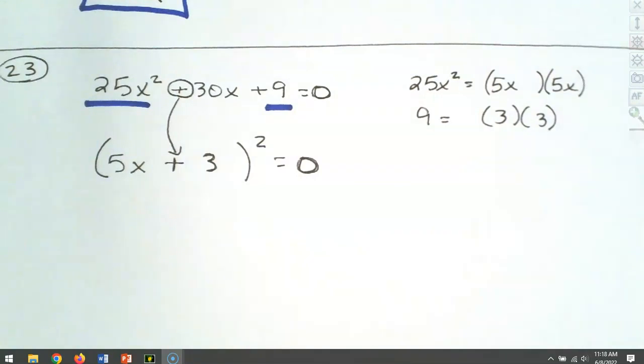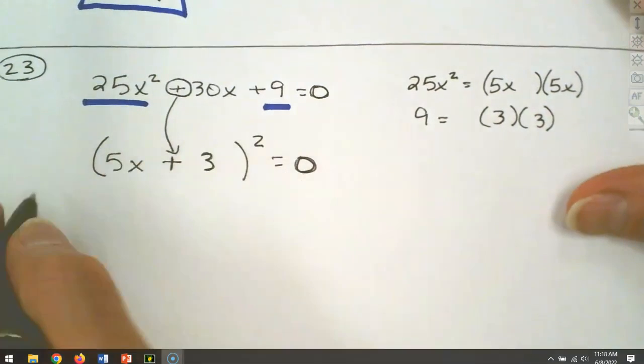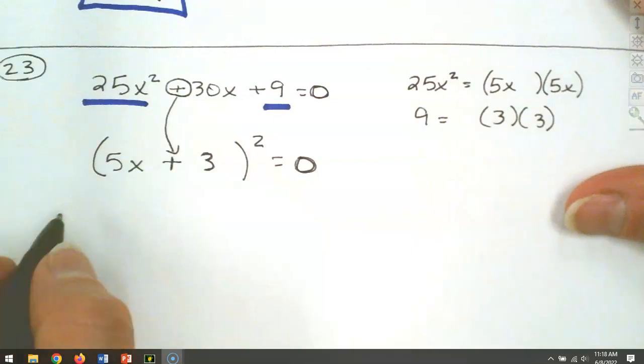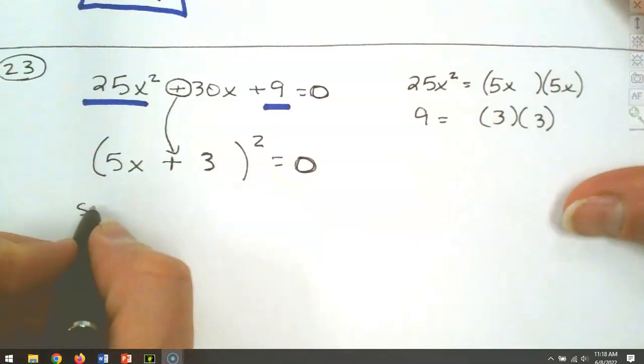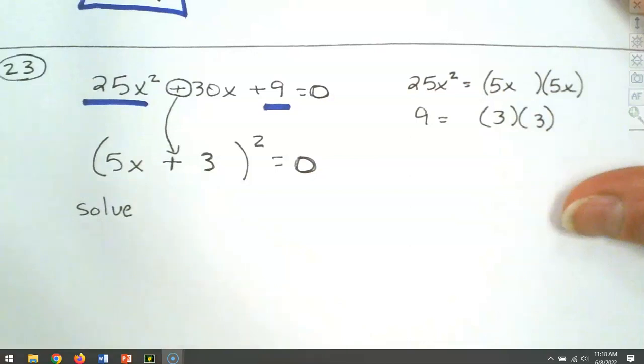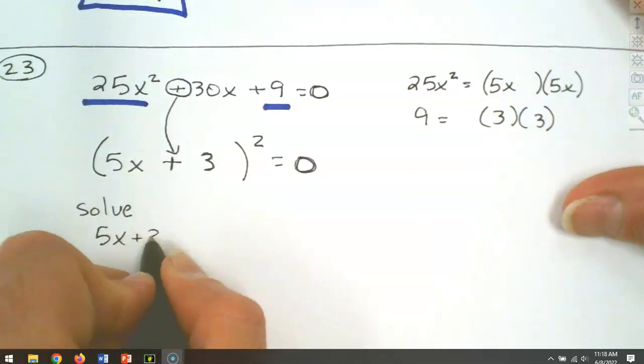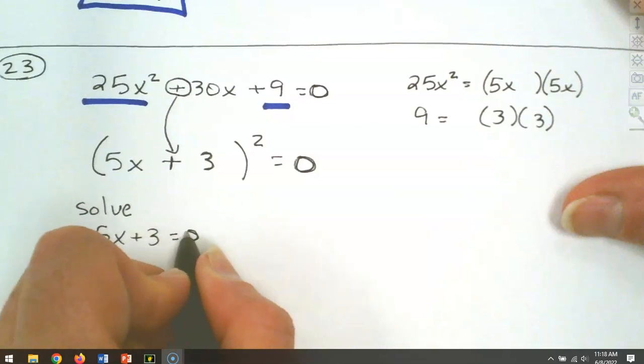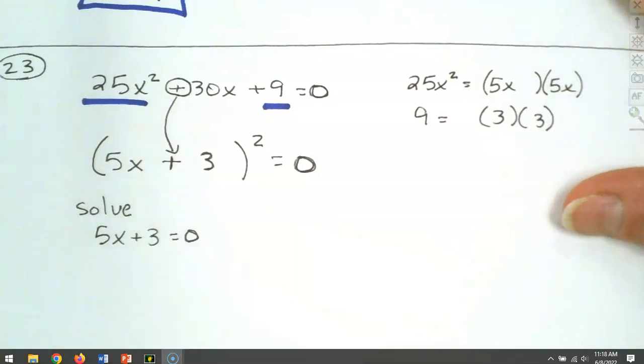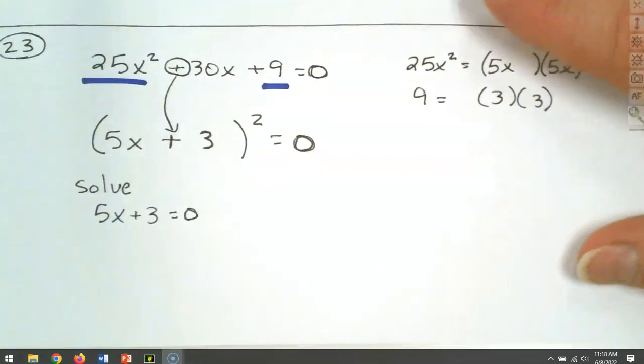So now we've got this, and we're almost done. The perfect squares are actually the easiest ones. This is a perfect square, and we're done. We just need to get our final answer. And this is a square, so that means we only have to do it once. So we need to solve now just one of it, because we have 2 of them, but we only have to solve one. All we have to now solve is 5x plus 3 equals 0, because there's actually 2 of them here. We just have to solve one of them.